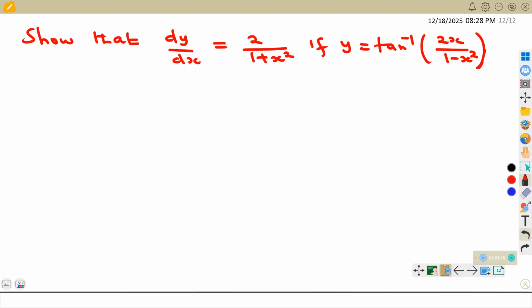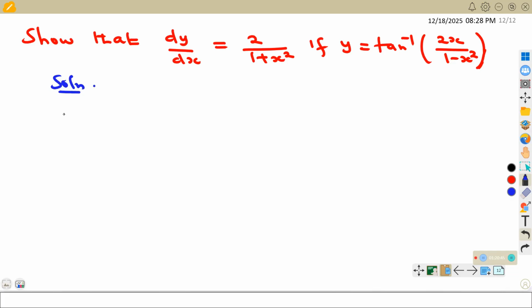So that is our question there. Show that dy dx is the same as 2 divided by 1 plus x squared if y is equal to tan inverse of 2x divided by 1 minus x squared. So let us try this out together, following the similar procedures that we did.